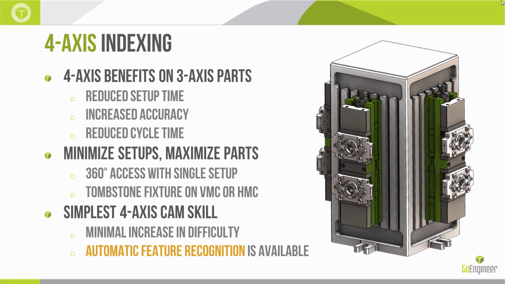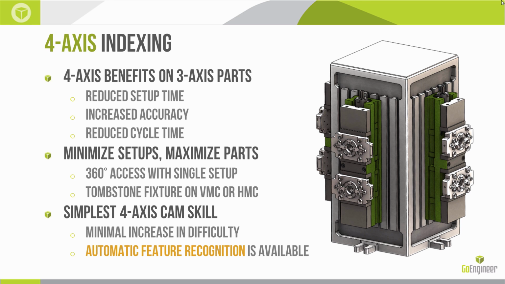So, for example, if we have a part that we have to cut on 4 different sides, we might only have to do one single setup as opposed to 4 individual setups. Fewer setups means we're increasing our accuracy. We're going to be more reliable and probably have less scrap on our parts. And we're absolutely going to reduce the cycle time. Even when you take out the setup time, our cycle times are going to be faster as well.